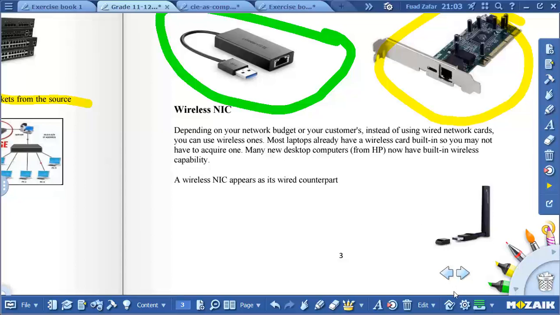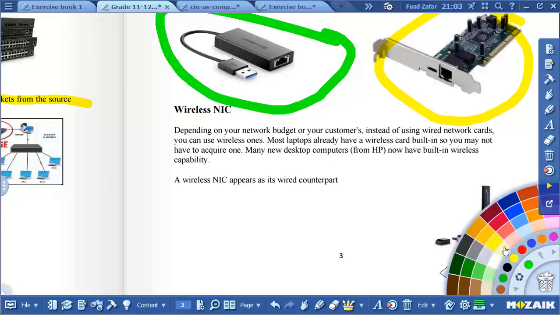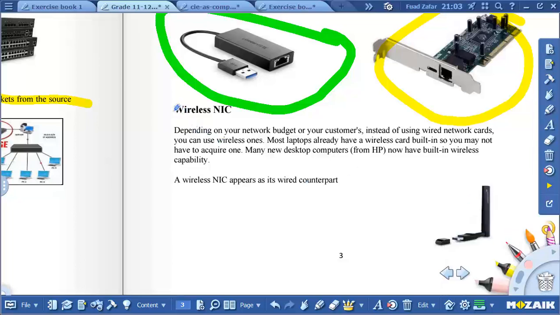Wireless NIC. The third type we have is known as a wireless NIC, or wireless network card. Depending on your network budget or your customers, instead of using a wired network cable. For a wired network I will use these two, but if it's wireless I will use this one.